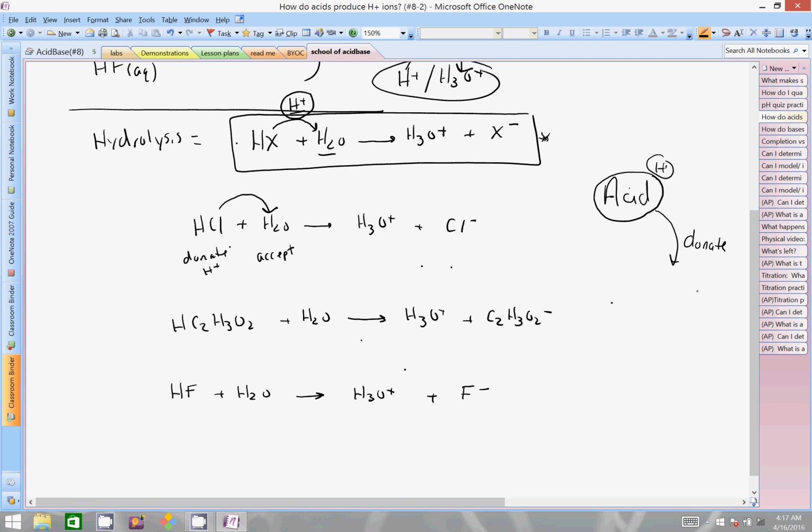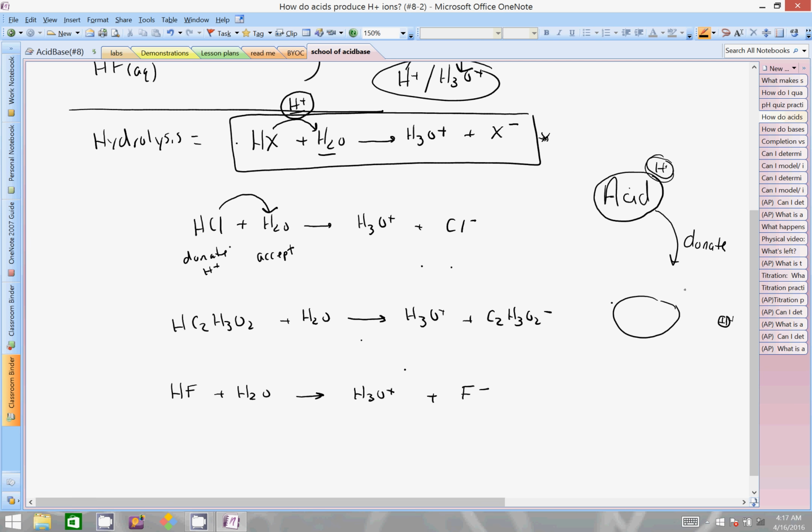Well, once it gives it to somebody else, is this item an acid anymore? I don't think so. The fact that it's an acid is because it has the H+, but once it gives it away to somebody else, then it's no longer an acid.